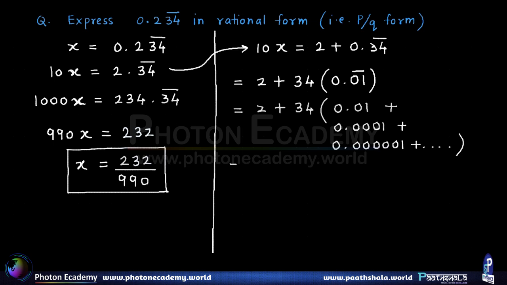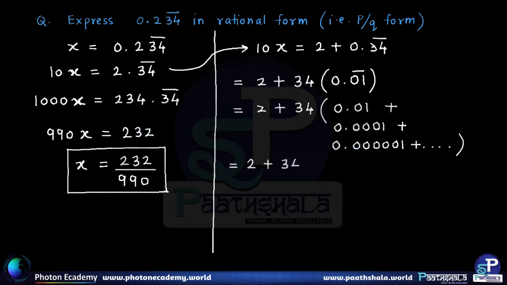Now if you look at the numbers inside the bracket, we realize that they form a GP because the starting term is 0.01 and it is getting multiplied with itself.